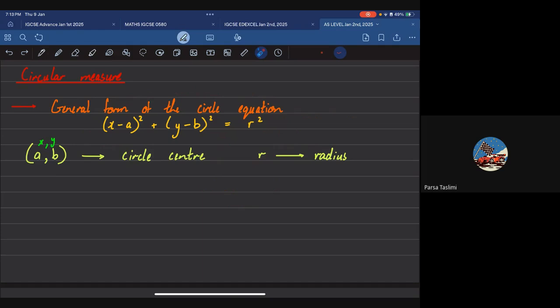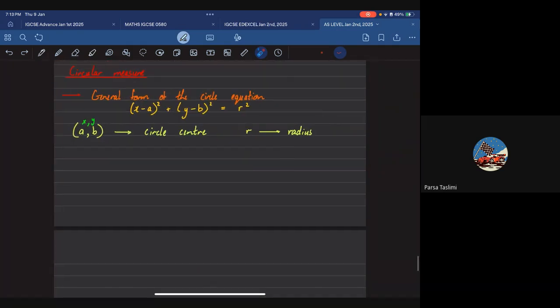Now, moving forward, we're going to look into radians.